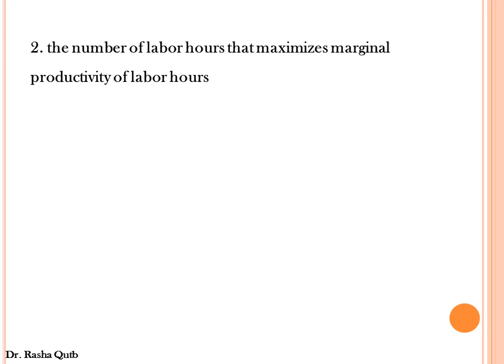First step, we have to find the marginal product of labor, and then we get the first derivative of marginal product of labor with respect to labor and equate this to 0. Thus, the number of labor hours that maximize the marginal product equals 5 hours.